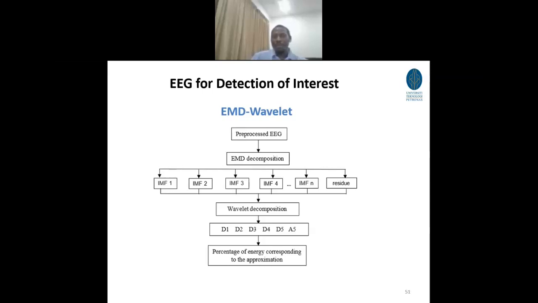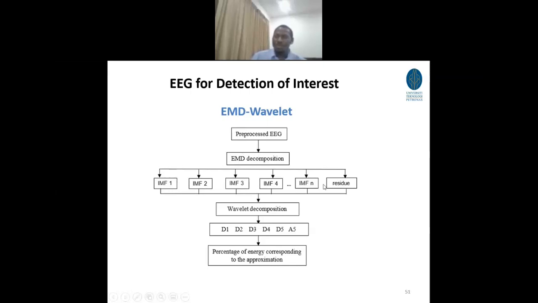Okay, so we have EMD separately, we have wavelet separately. Then we thought, why not we combine these two? Most of them are ways of extracting some coefficients after doing a decomposition of the signal. Okay, so this is something new in the way of doing it, because we started with doing the EMD decomposition.